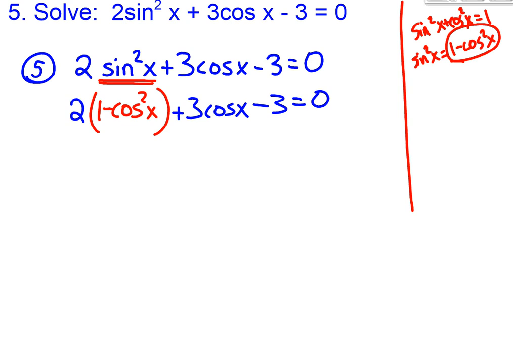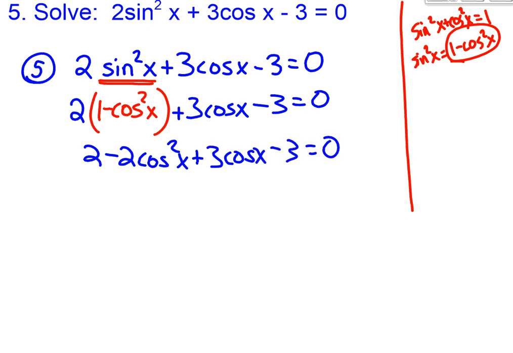So now I do have to distribute and clean things up a little bit. That's 2 minus 2 cosine squared x plus 3 cosine x minus 3 equals 0. I'm going to put the squared term first: negative 2 cosine squared x plus 3 cosine x.